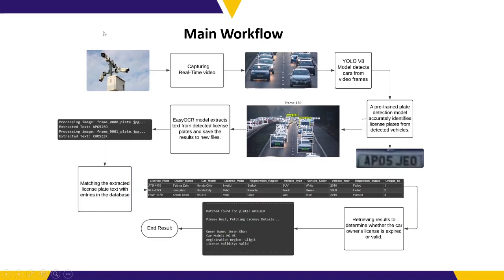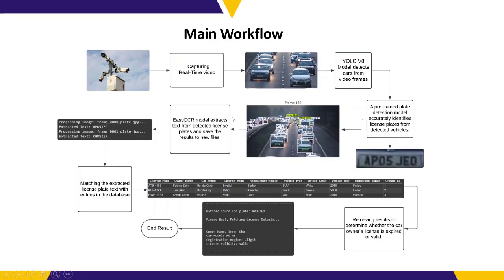Let's suppose we have a traffic camera that can capture real-time footage of moving vehicles. It could automatically detect cars. We took a sample video and passed it into a YOLO V8 model. The YOLO V8 model efficiently detected all the moving objects from the video, including these cars, as you can see over here. And we used another model which detected these green license plates from those cars.